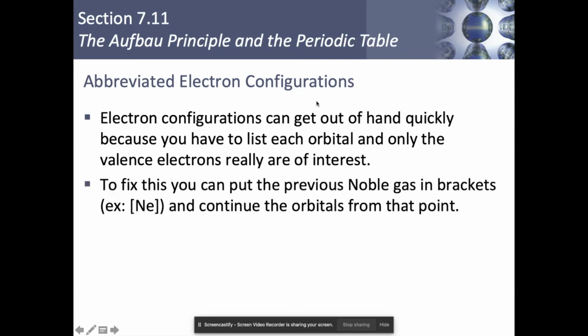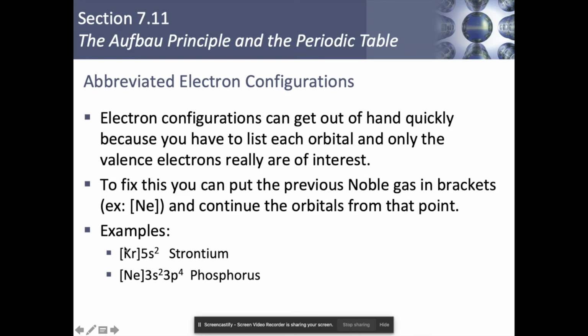The way we do this is you pretend that the previous noble gas on the periodic table contains all of the core electrons that you need to represent your electron configuration for this particular element, and you put that in brackets. So for example, if you wanted to represent 10 core electrons, neon's number 10, so you would just put it in brackets like that. And then you can continue naming your orbitals from that point onwards.